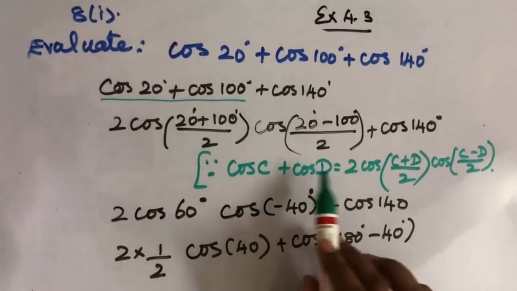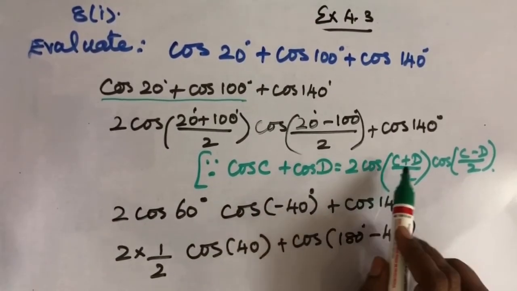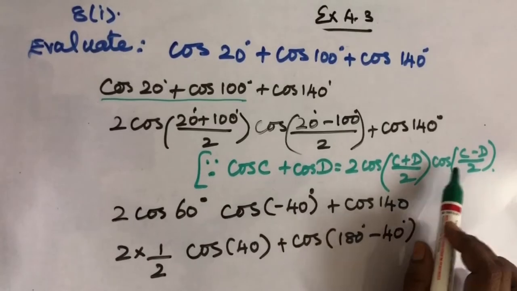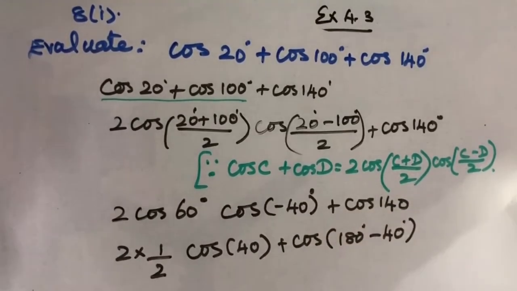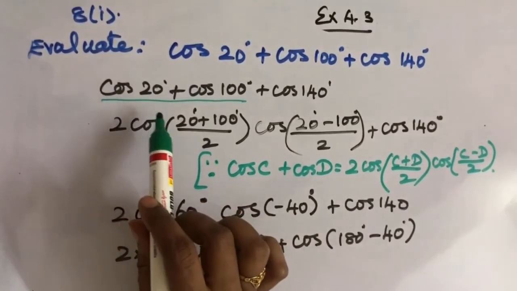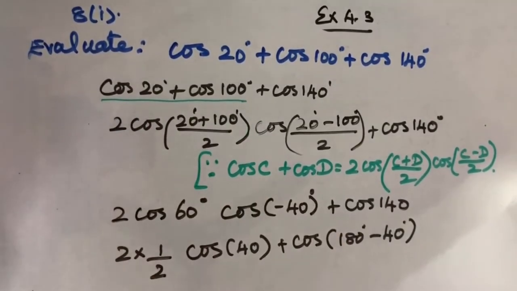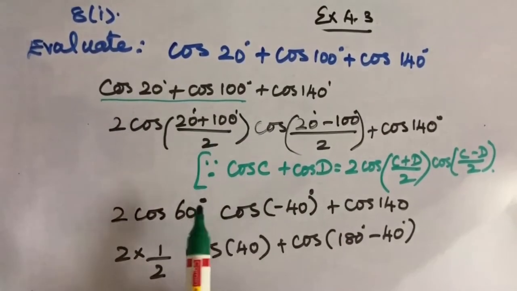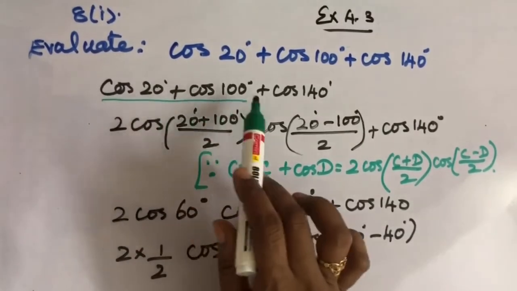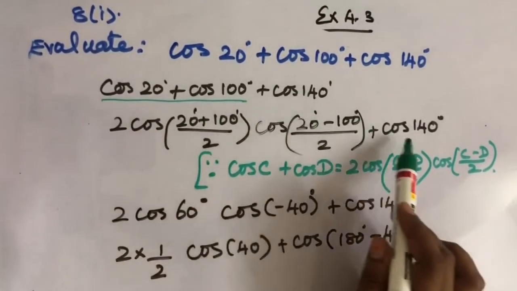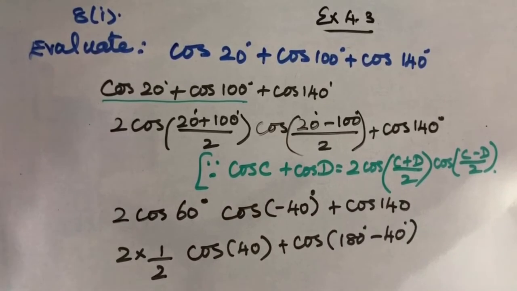So, cos C plus cos D is equal to 2 cos C plus D by 2 cos C minus D by 2. Okay. So, in terms of C we have 20 and 100 in D. So, 2 cos 20 plus 100 by 2 cos 20 minus 100 by 2, and it is plus cos 140.